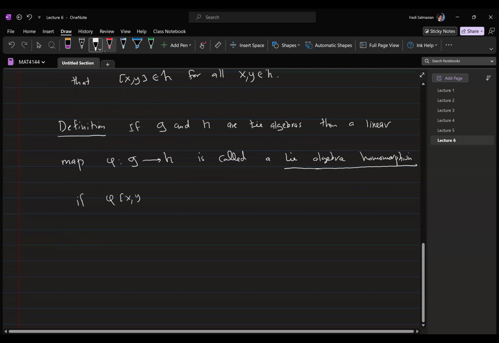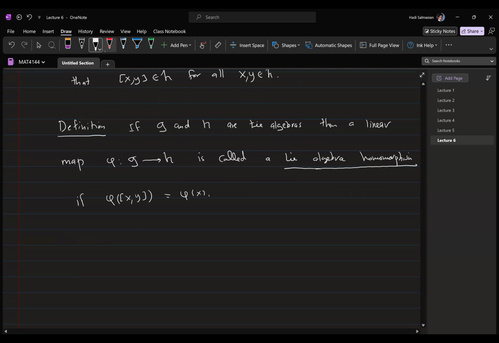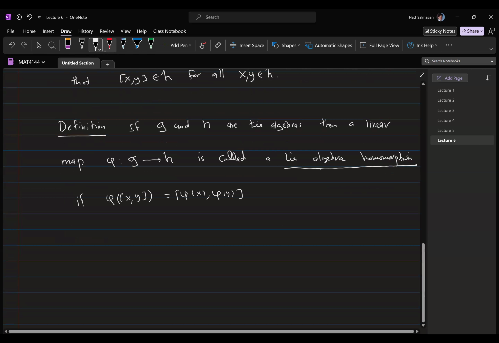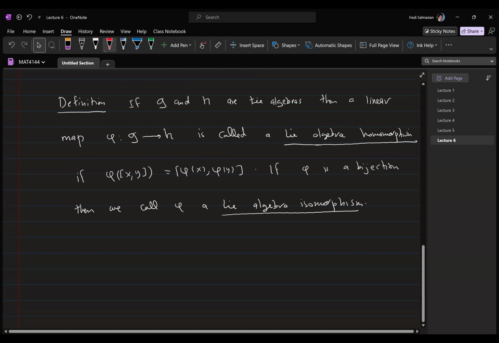So phi of [x,y] equals [phi x, phi y]. And now if phi is a bijection, surjection and injection, then we call it an isomorphism. Okay, is everything good?